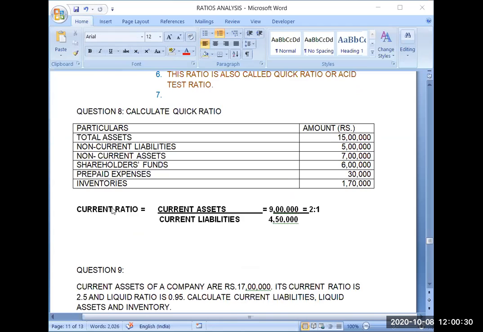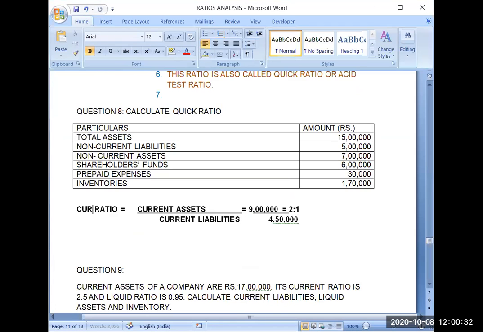So now you can see the formula will be: liquid ratio is equal to liquid assets upon current liabilities. This will be the formula. Now we have to calculate the liquid assets.